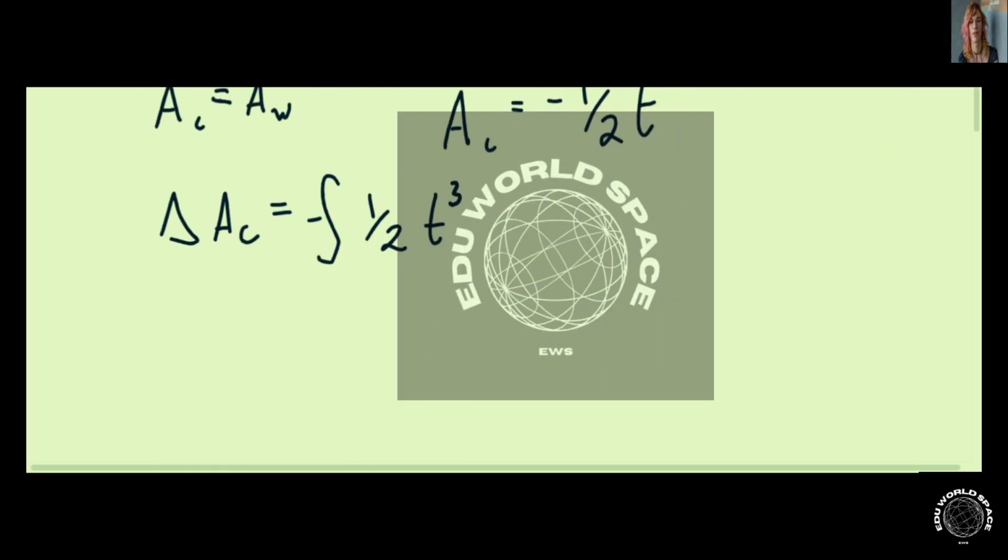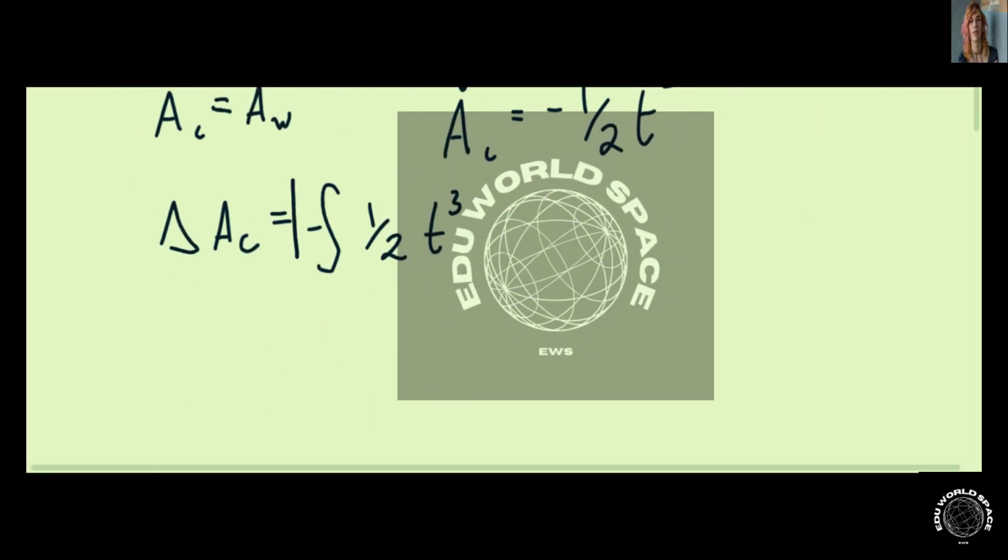Since we only care about the magnitude of this change, we can take an absolute value here and cancel out that negative. So this integral, we're going to change this t cubed to a t to the fourth, and we need to drop a 1/4 in there to balance that out. That'll give us 1/8 t to the fourth. We don't have to add a constant to this because we're just interested in the change of this, not the actual value.